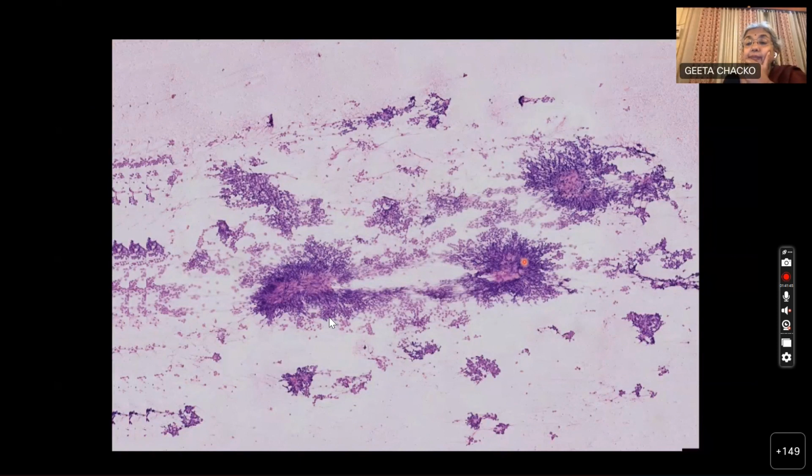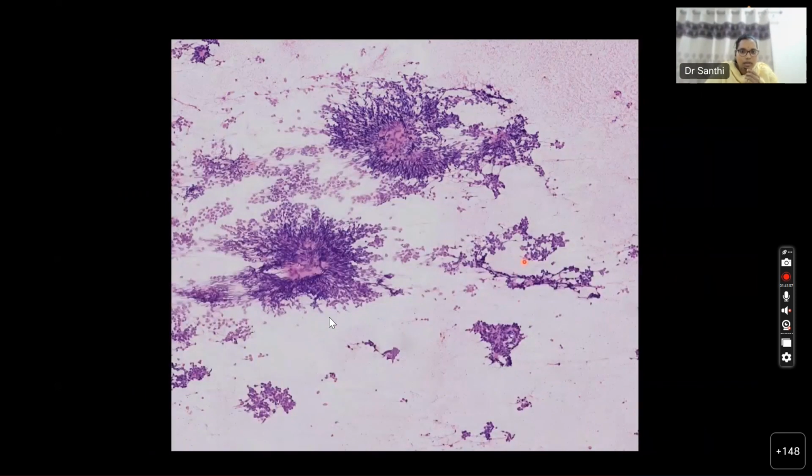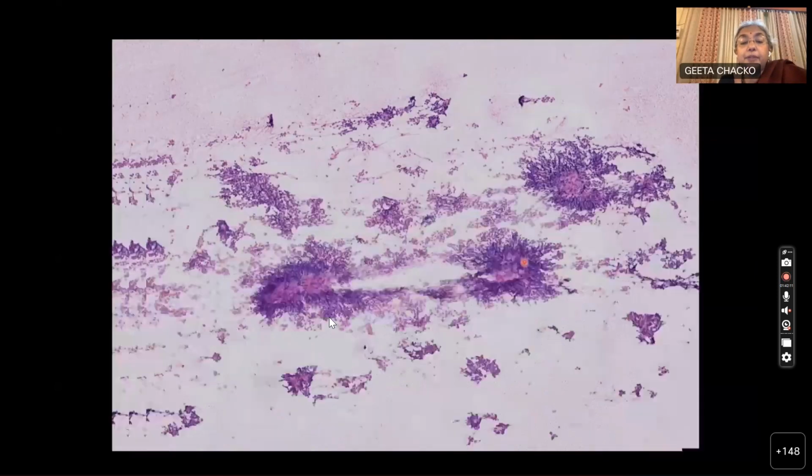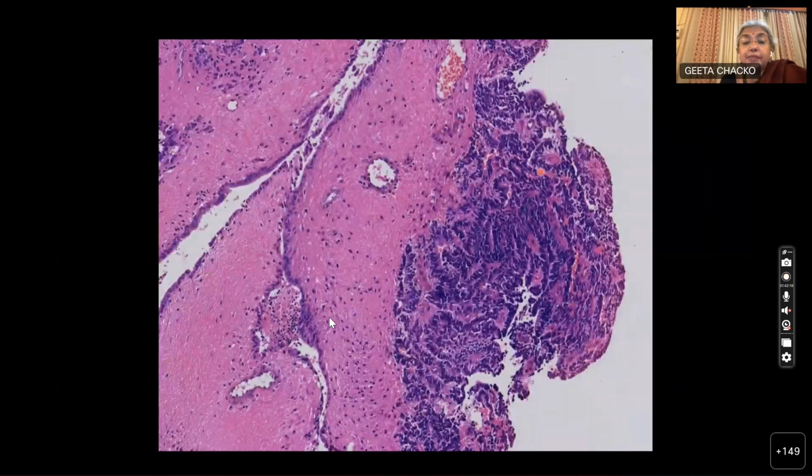This is a squash cytology smear, which shows hypercellularity with tumor cells arranged around the blood vessels in a rosette format. And these cells have a delicate cytoplasmic process. I haven't given you many images of the smear, but you can appreciate this perivascular alignment of tumor cells.